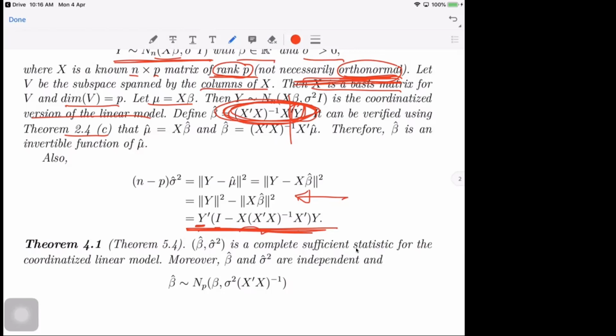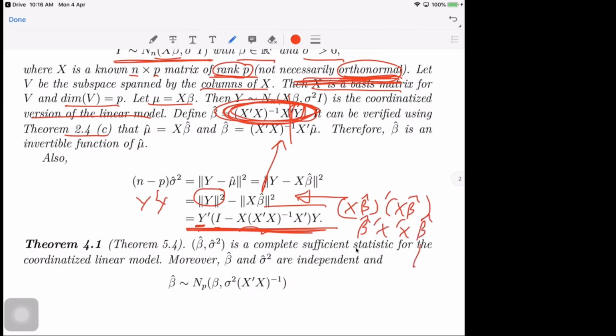So use that to expand it. This is Y prime Y. This is X beta hat prime X beta hat, which is X beta prime X prime X beta hat.